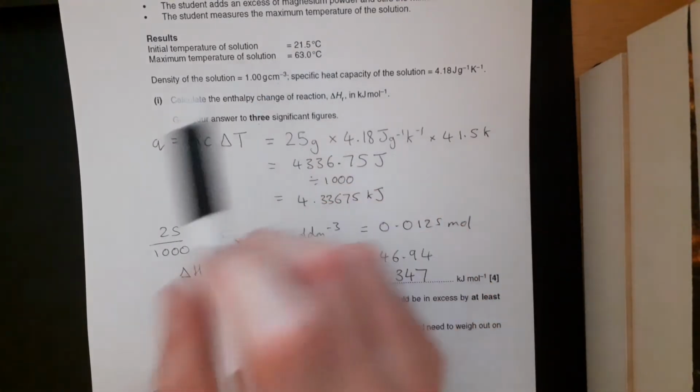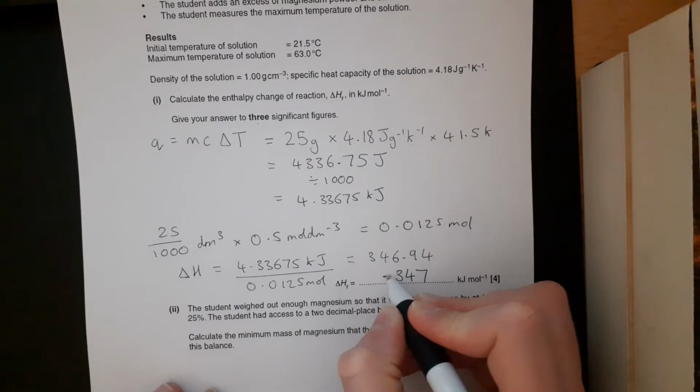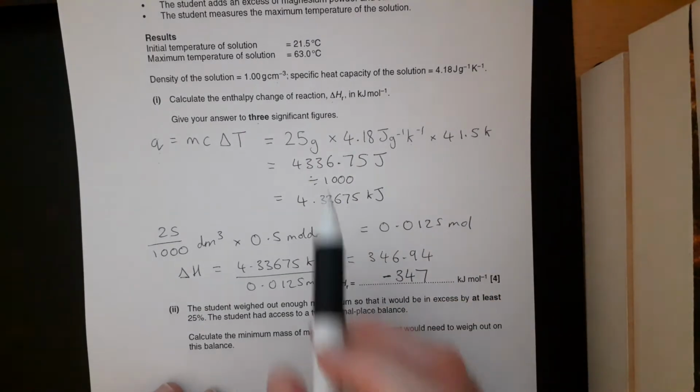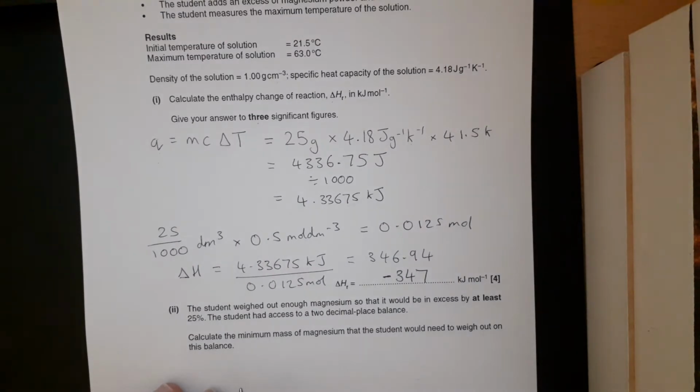And for exothermic reactions, delta H is negative because it's given out that energy into the surroundings, and that's why the surroundings have heated up. So it is really important that you remember to put a sign on at the end. It's much easier than trying to carry a negative sign all the way through the calculation. So just get to the end, get in the habit of thinking every time I do an enthalpy change, hang on, should it be positive or negative?